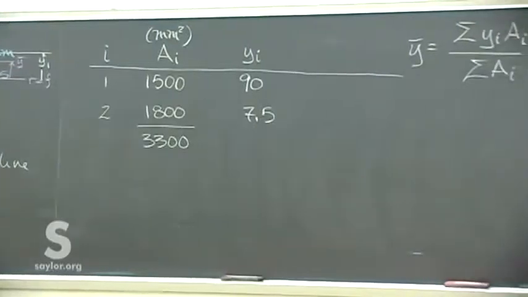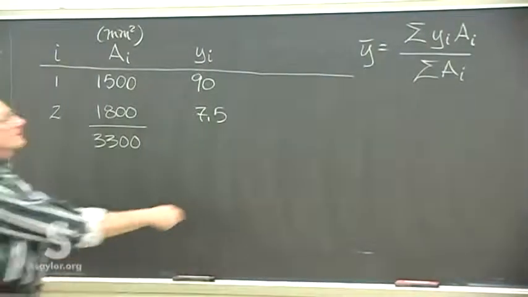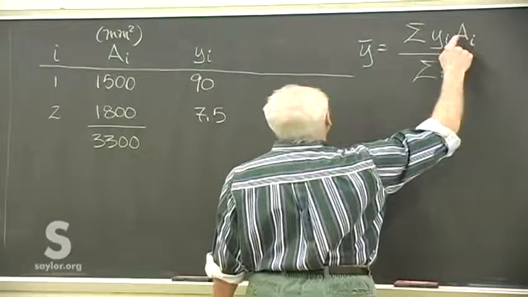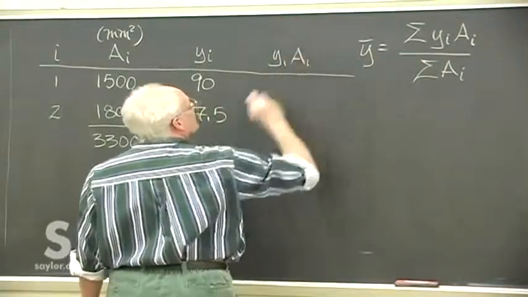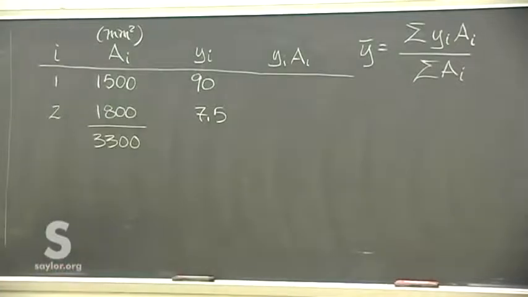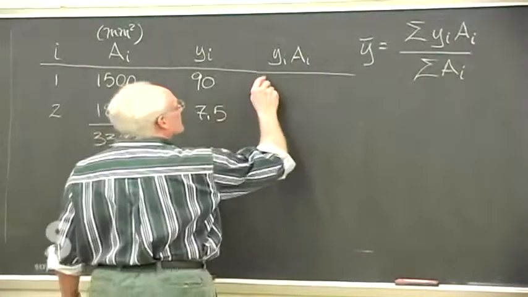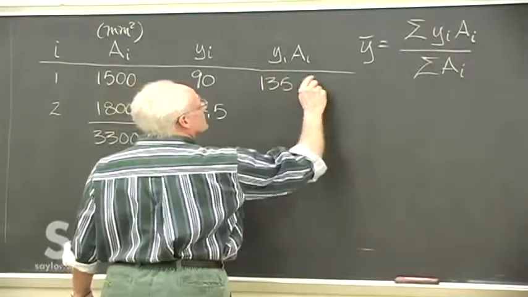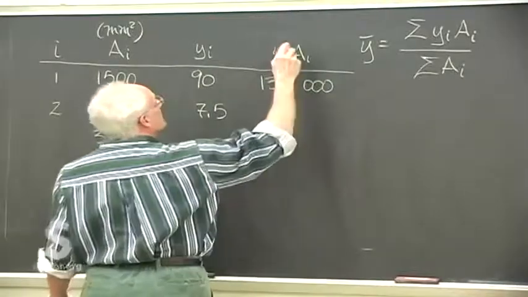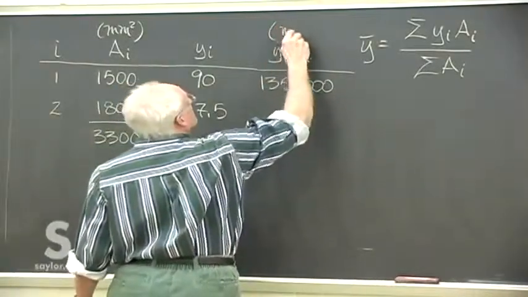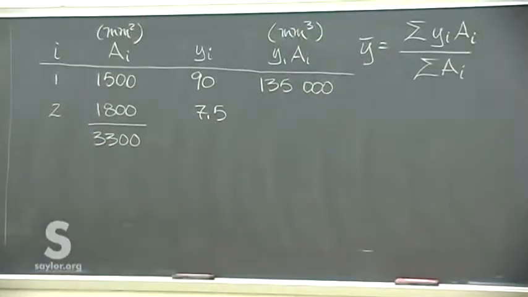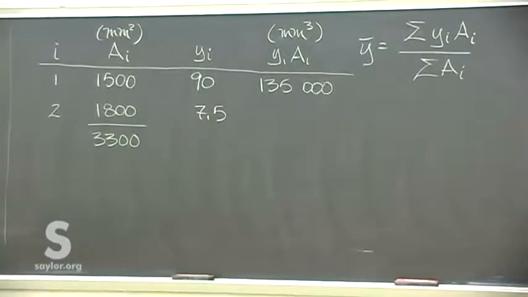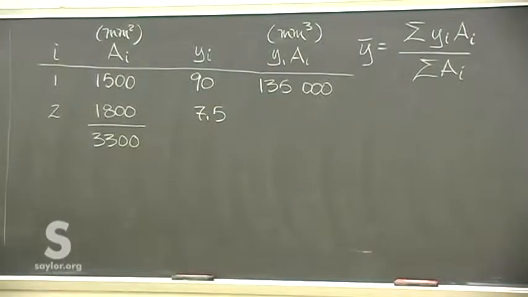Now, we don't need those summed up, but we need that times the area summed up. So that's pretty easy to figure out in the next column of the table. This one's 135,000, and that's millimeters cubed. 90 times 1,500 is 135,000.